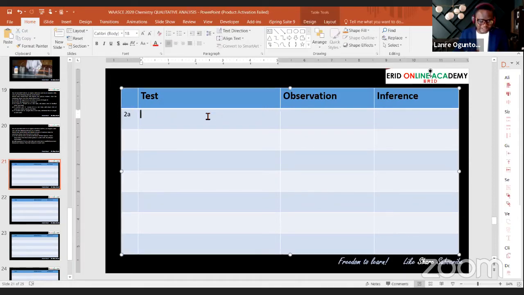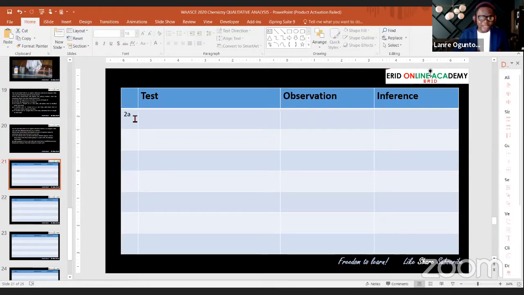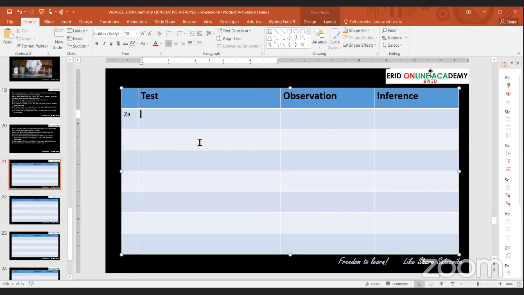You go back to the question, and from the question itself, you'll get your test. This particular one says describe the appearance, odor and pH of sample X. So your 2A, the first thing you are writing there, will be something like this.